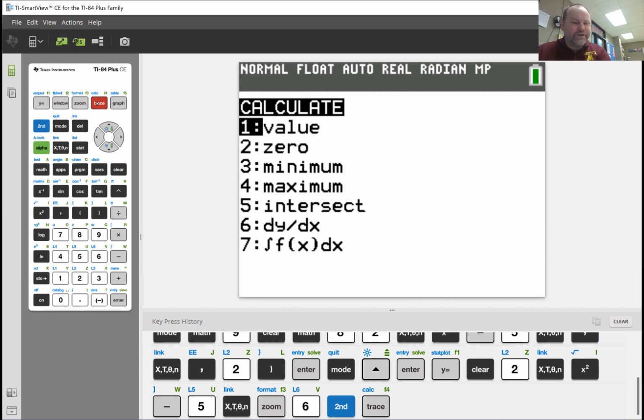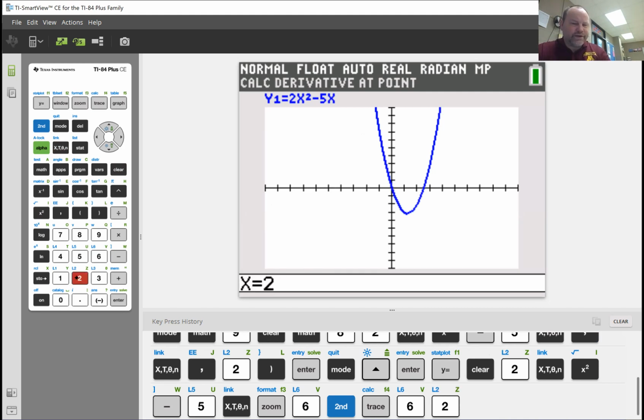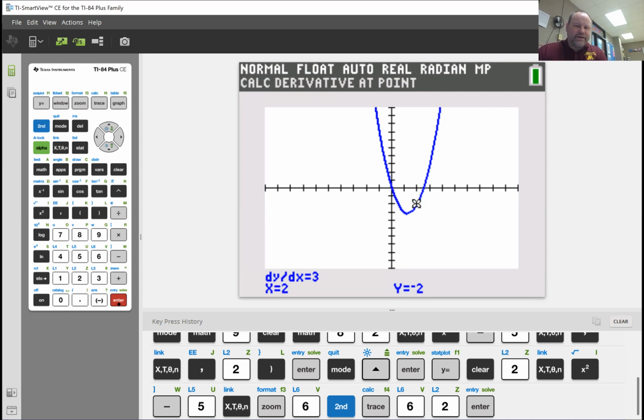That means the derivative. So option 6, and then just type in the x value. We want it at x equals 2, and so the derivative at 2 is 3, and the point there is 2, negative 2, but we want the dy over dx value, 3, which again matches the same value from the other ways that we've calculated the derivative.